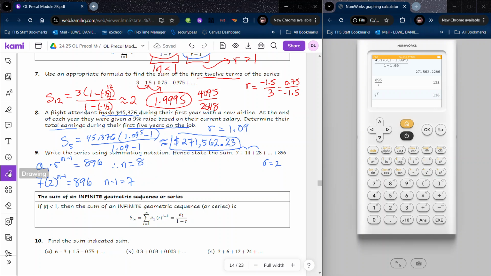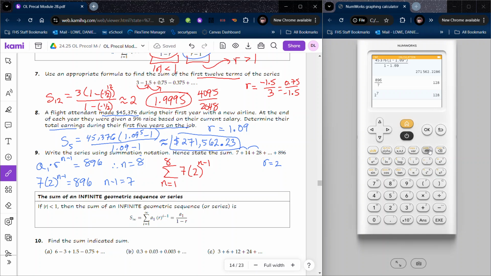But I want the series summation. So summation notation is going to be my sum from my counter, I'll go ahead and use 1, so my counter going from 1 to 8 of my first term times the common ratio raised to the counter minus 1. So how do I do that on the calculator?